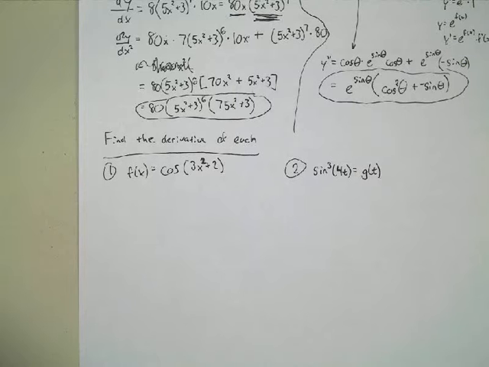No. So you take the derivative of what's outside and then multiply by the derivative of the inside. I'm pretty sure it's that. I'm not entirely sure. None of us are.